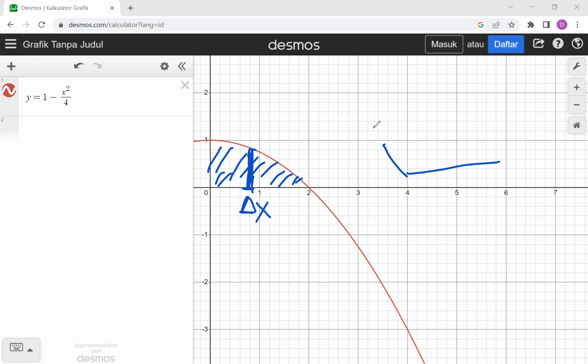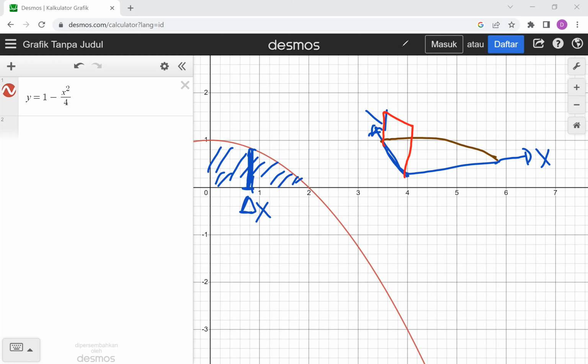Suppose that this is the x direction, this is y, and the curve is this one. So this is the region, and the shape of the cross section is a square. Let us draw something like this.